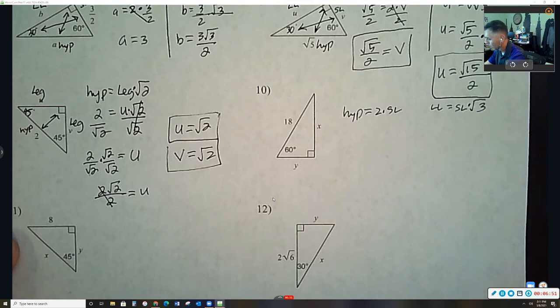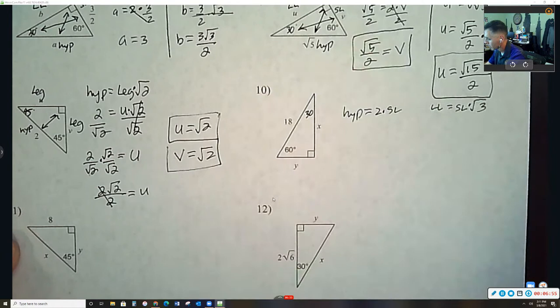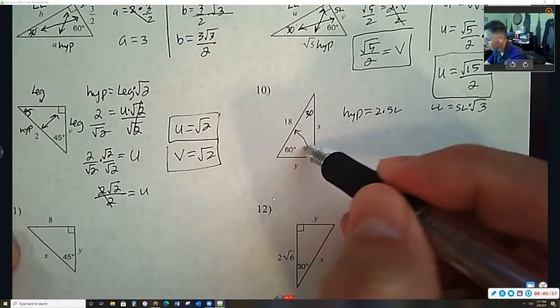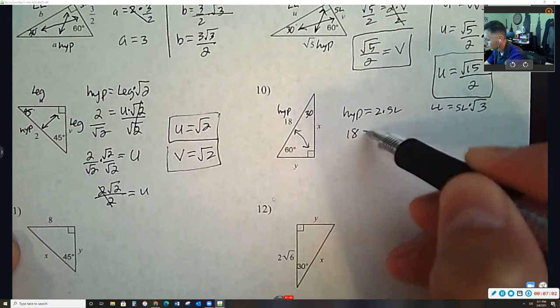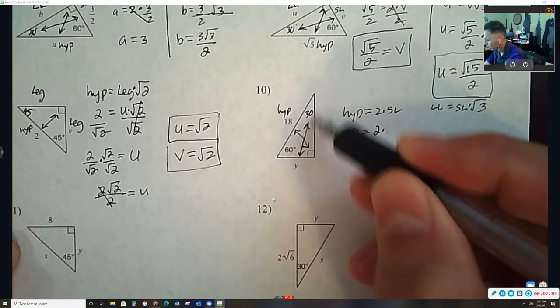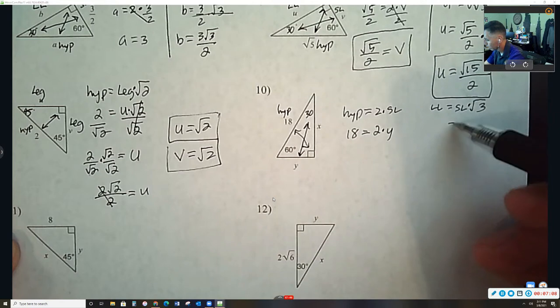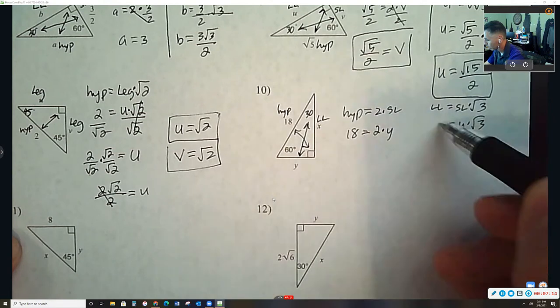Let's figure out what the hypotenuse and the short leg are. Here's 30. So that's the hypotenuse, 18. The short leg is across 30, which is y. And then the long leg is across 60, which is x.